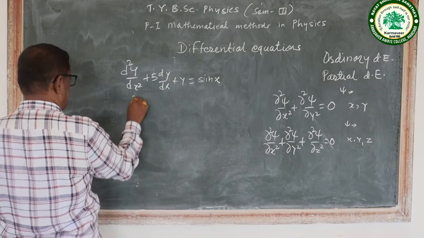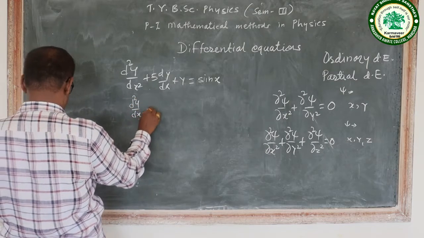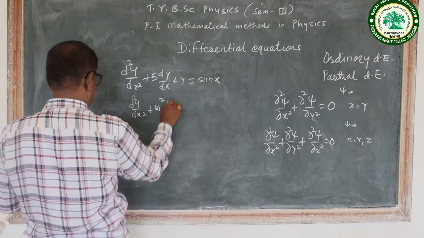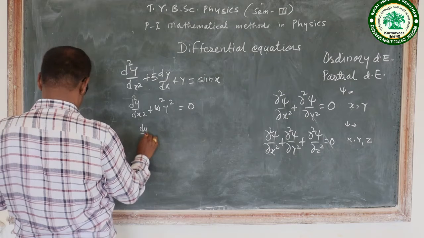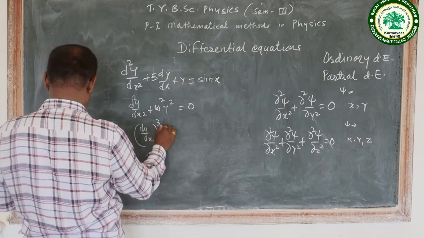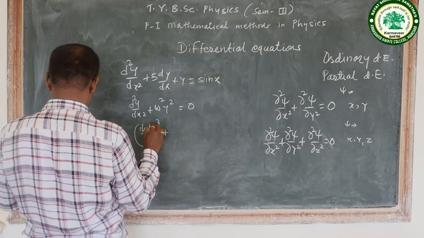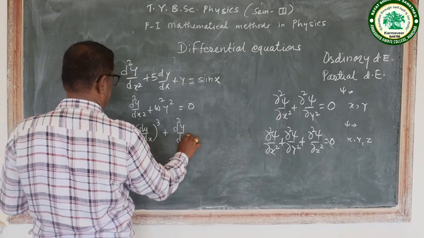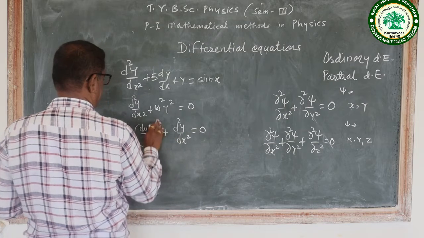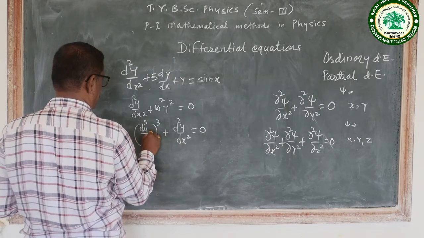Let us take the equation d2y by dx square plus omega square y equal to 0. Then (dy by dx) bracket cube plus d2y by dx square equal to 0.